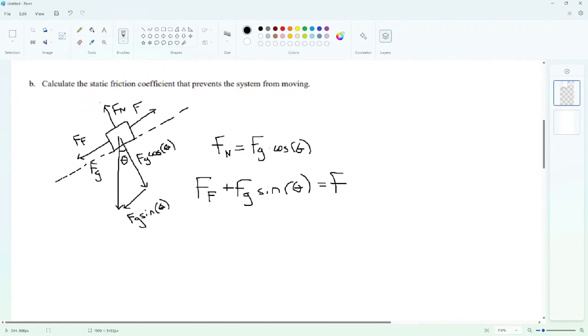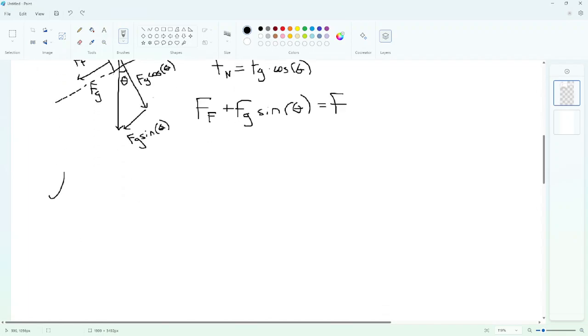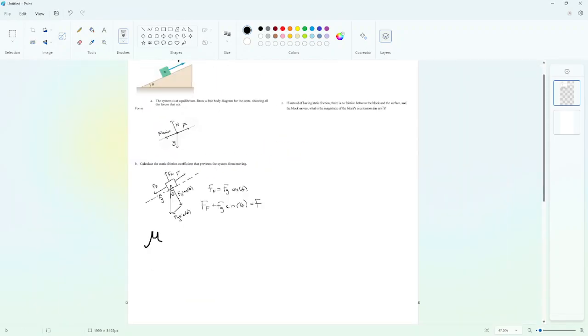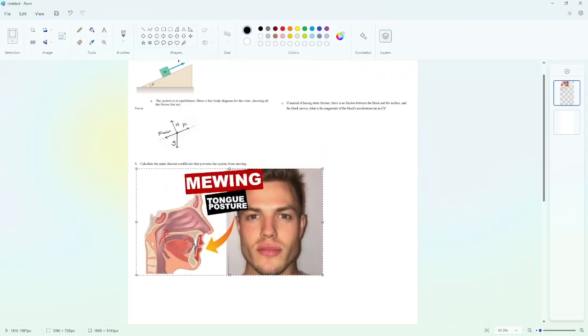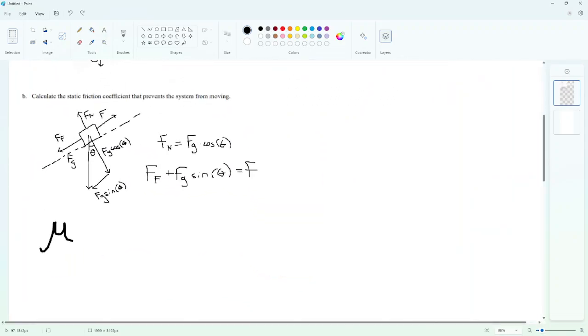Okay. So static friction coefficient. What is that? Remember, recall the static friction coefficient. It's going to be this lovely symbol right here. They call this mu. And I promise this mu has nothing to do with this mu. It has nothing to do with this mu. This is a Greek alphabet.